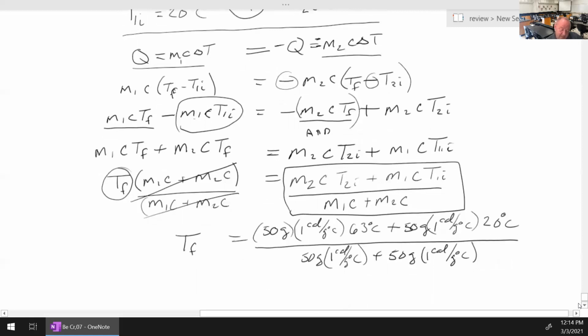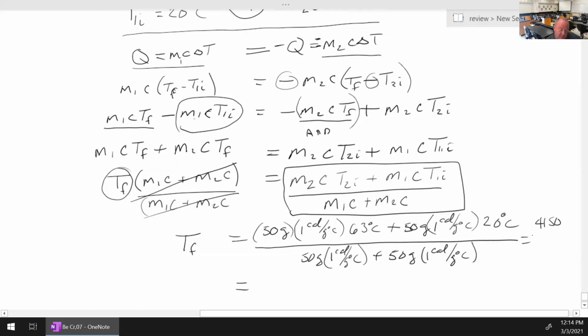Okay, so let's do the math here. And when you put this in your calculator, I think you can just do it the way it is because I can do the bottom of this fraction in my head. I would say 50 multiplied by 1 multiplied by 63 plus 50 multiplied by 1 multiplied by 20 equals, and then take that answer, which is 4150.